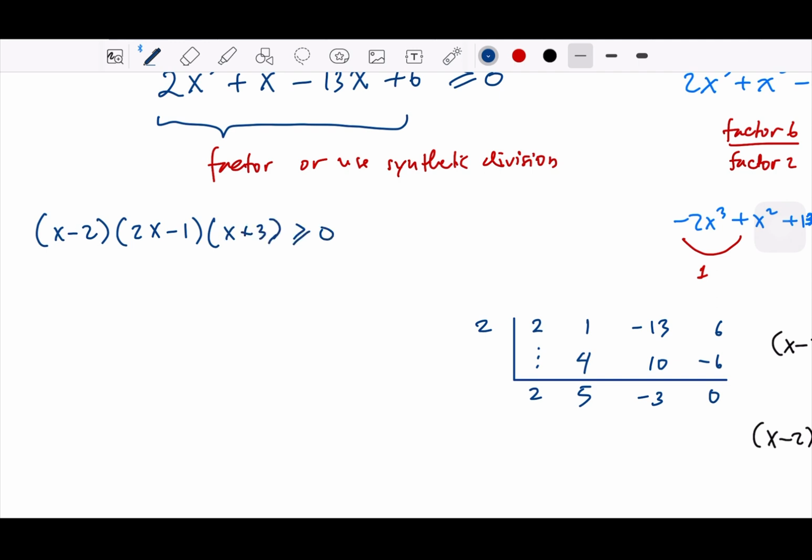Okay. Now to finish off the sets, we need to make our number line as usual for inequality. So for every inequality, we should concentrate on making number lines.